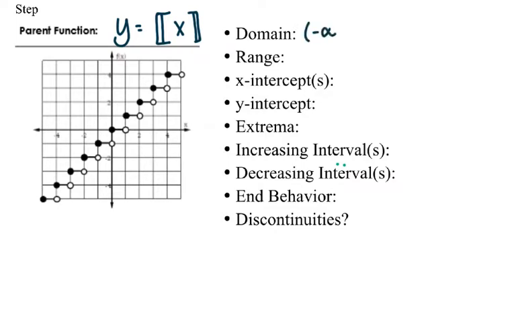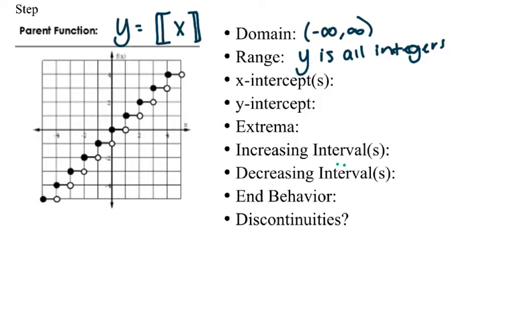Your domain is from negative infinity to positive infinity, because you do have all the x values. Your range is all integers. So I wouldn't even put this in interval notation. I would say y is all integers. And what I mean by integers is whole numbers. And I just spelled integers wrong. Integers.